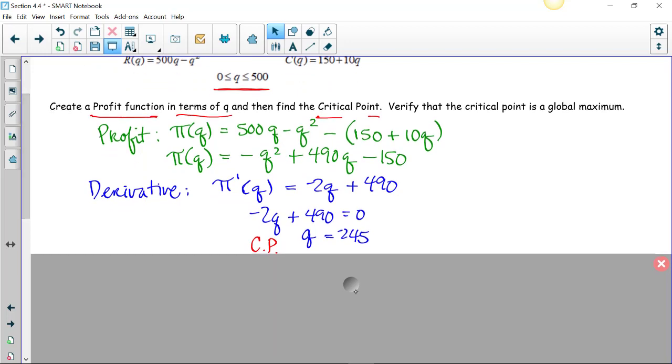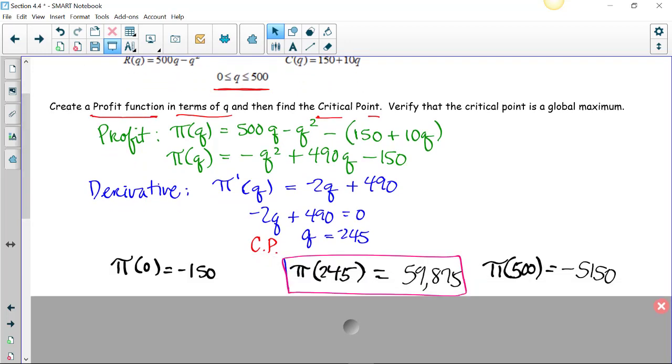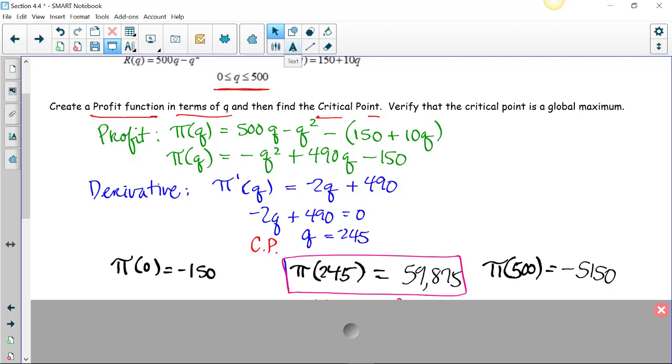We need to see if our production quantity is 245, if we will get a maximum profit. Because we are looking at finding maximum profit on a closed interval, we have to test the endpoints, 0 and 500. When I plug those into the profit, I end up with negative profit for both of those.